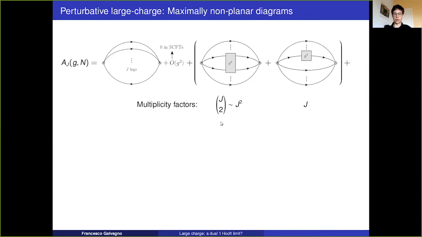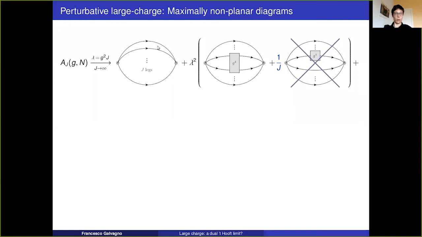So the multiplicity factor here is J over 2. Instead, this class of diagrams corresponds to the two-loops correction of a single propagator. So here we have J ways of inserting this diagram. And now we evaluate this function in this J going to infinity limit, keeping lambda fixed.